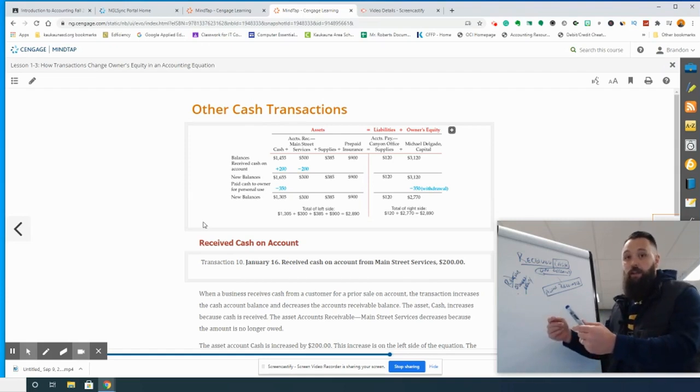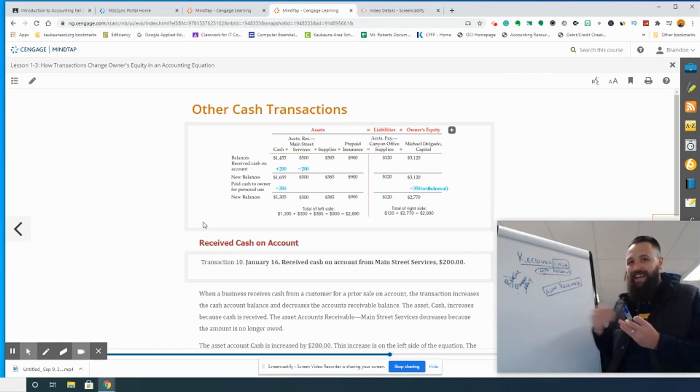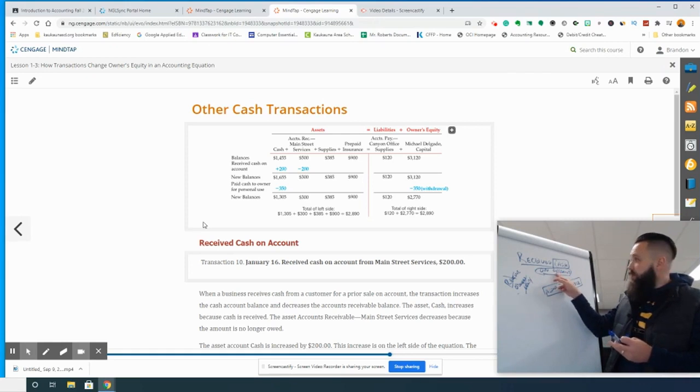We'd be increasing our owner's capital twice, and we've already recorded it. So it's a very important distinction to know that when we receive cash on account, this transaction is a secondary transaction. It's the second time that we're dealing with this transaction, because previously we sold services on account and we recorded it as a revenue under owner's equity. Now we're just getting the money that we're owed.